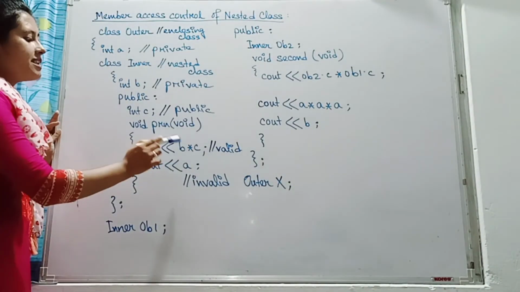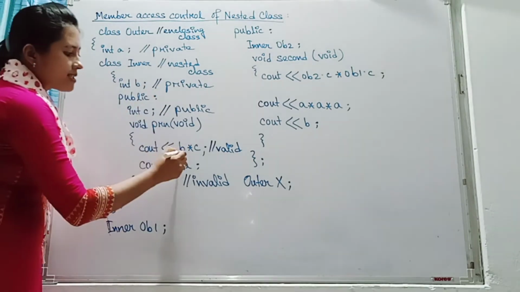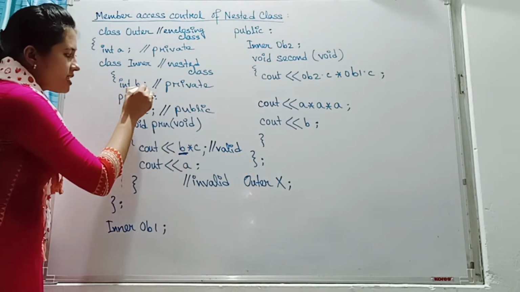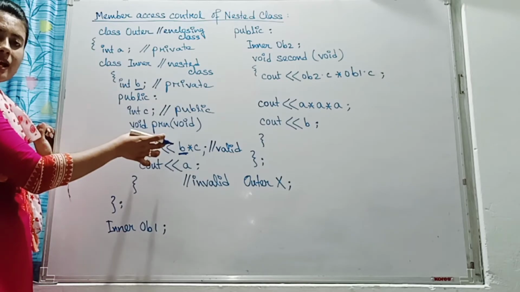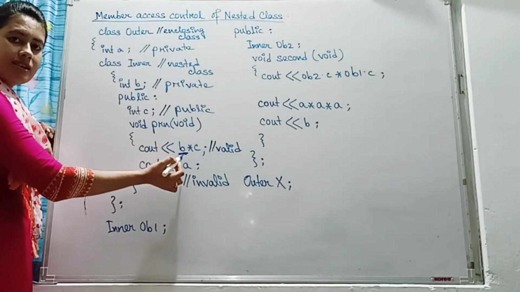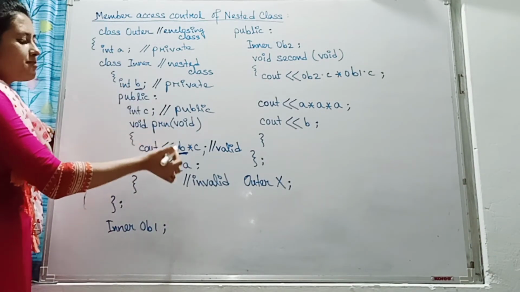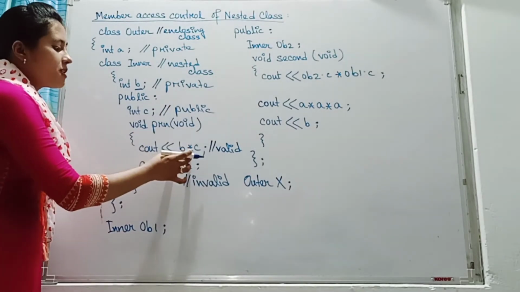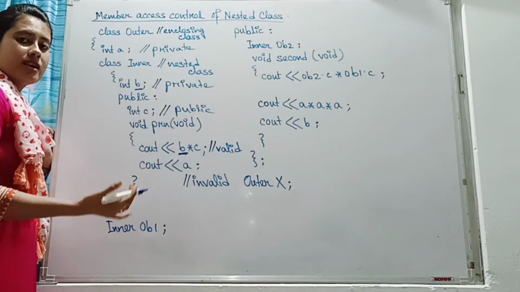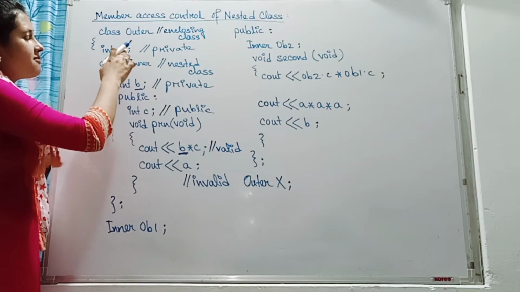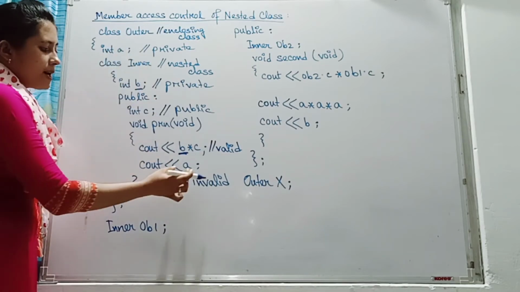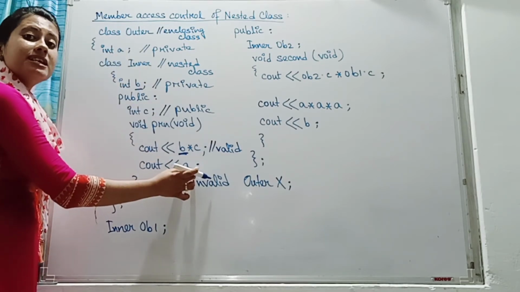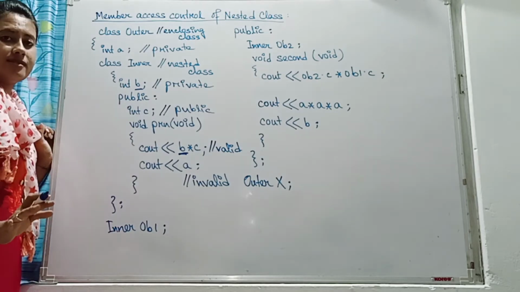If I am accessing a private member of the same class, you see this B is the private member of the same class. Under the inner class we are defining B. So since B is private, B can be valid. Why? Because we have defined it under the inner class only. But you see A is defined in the outer class, but here we are using it in the inner class. So this cannot be the case.